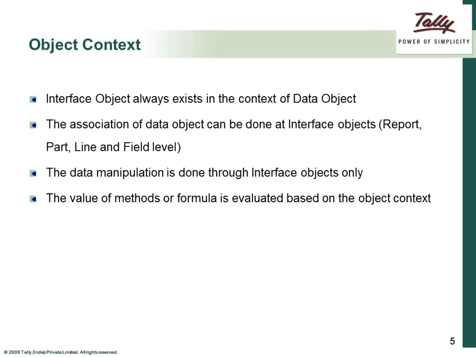The rest, 8%, could be at the report level. There's a 2% chance of it being at the path level, and in the rarest of the rarest cases you will see the data object context done at the field level.